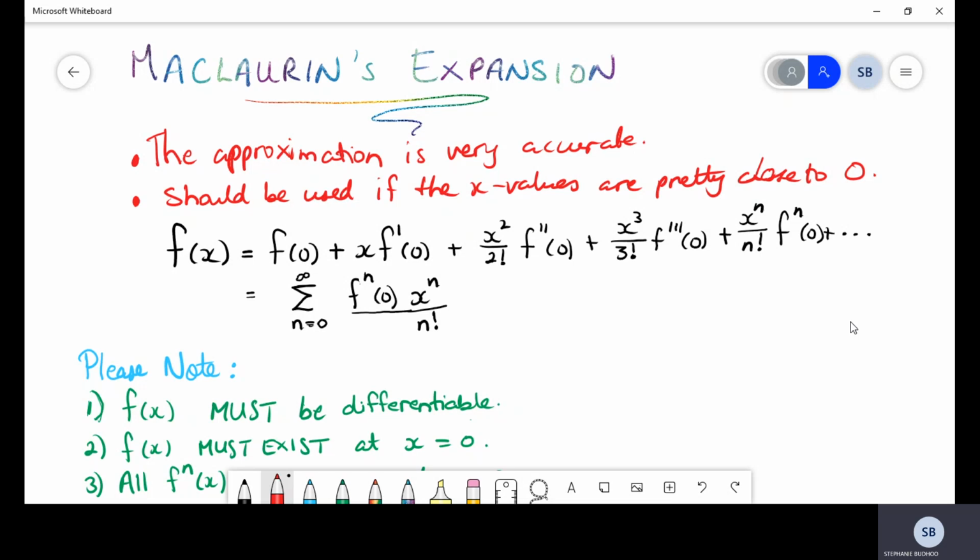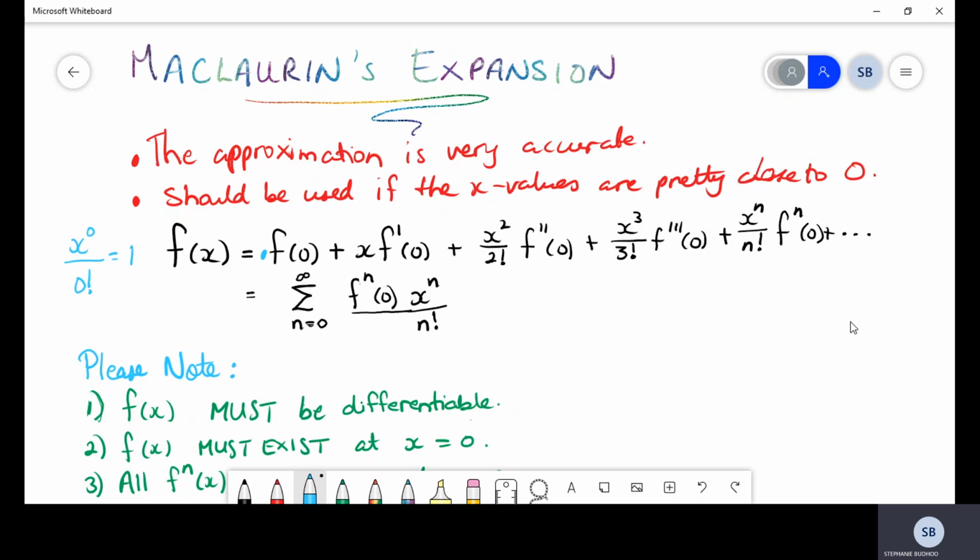The coefficient in front of each term will start. The coefficient in this first term is missing because it's x raised to the power of 0 over 0 factorial. And you all know anything raised to the power of 0 is 1. So if we were to write a coefficient, say over here, then that would essentially be x to the power of 0 over 0 factorial, and that's just essentially 1.